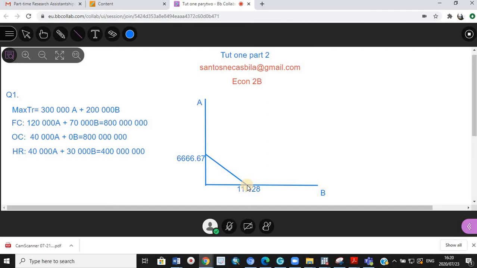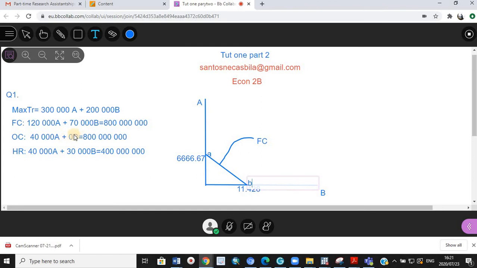So we will say that this is point A, this is point B, and this is the fixed cost. You can just do this. This is the fixed cost, right? This is A, this is B. Very good. Let's go to the second one.